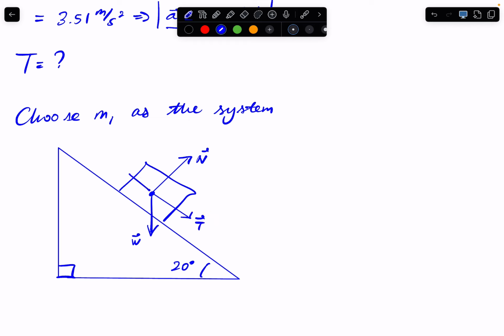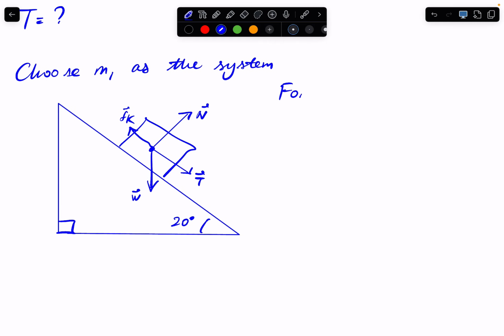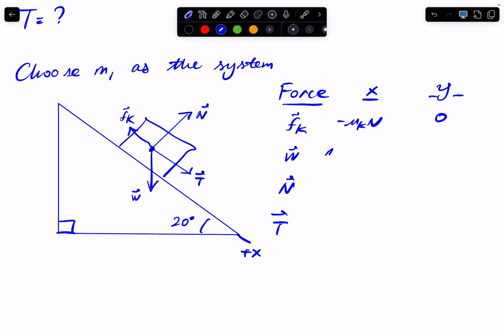All right, here is the free body diagram for the first block. Friction, weight, normal force, tension. In the x direction, hopefully this is a little bit familiar now.